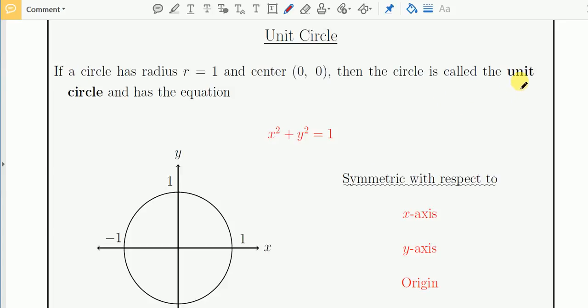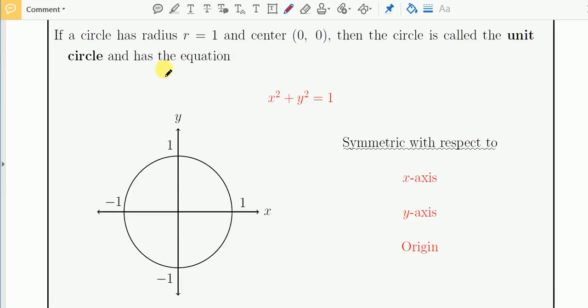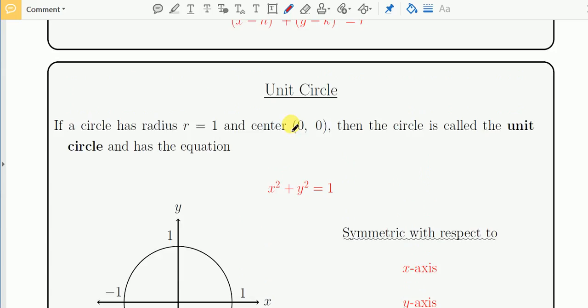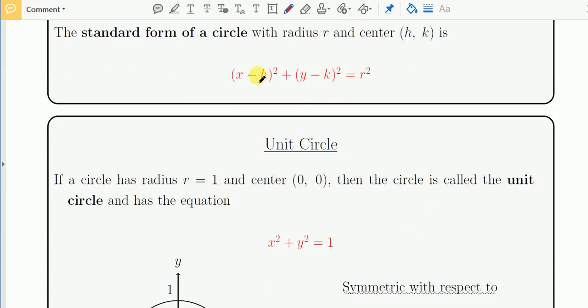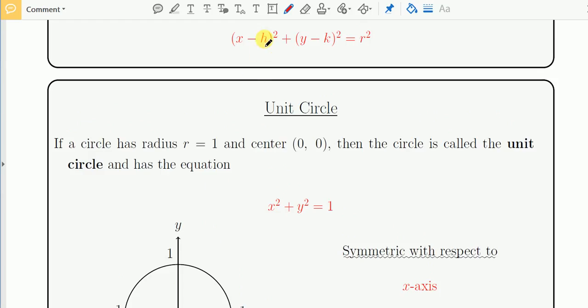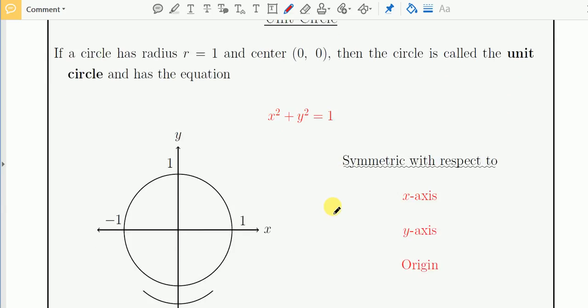Then the circle has the equation of the form x squared plus y squared equals 1, because the radius is just 1, and (h, k) in this one is (0, 0), because the center is 0. So therefore h is gone, k is gone, you have x squared plus y squared equals the radius 1 squared, or 1.